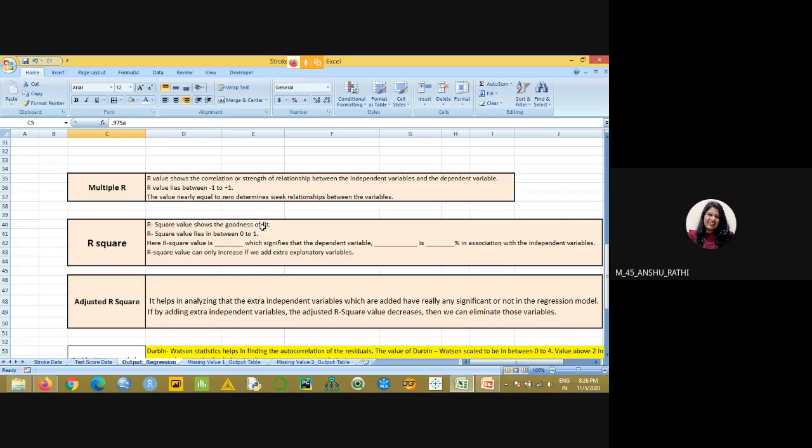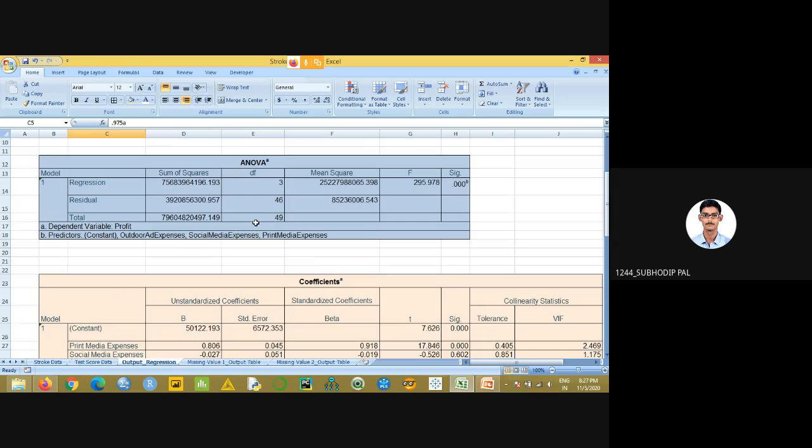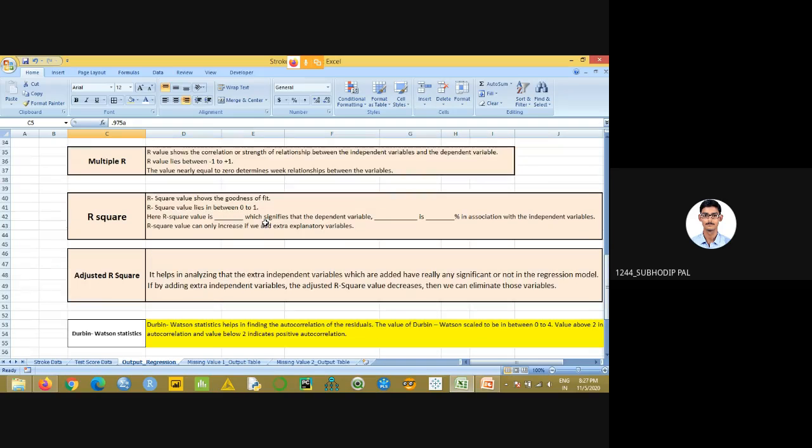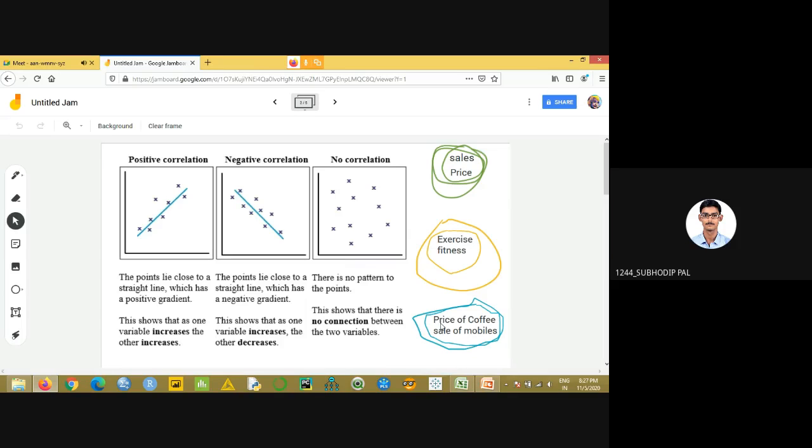Basically, whether it is well suited to the model or not, that's what you're saying. Yes. So I'll repeat: whatever dependent or independent variable I'm taking, is that good for running the regression or not? Suppose I am taking price of coffee and sale of mobile, and I'm running simple linear regression. I can easily say with visual inspection, or by understanding these two variables, that there is no relation.